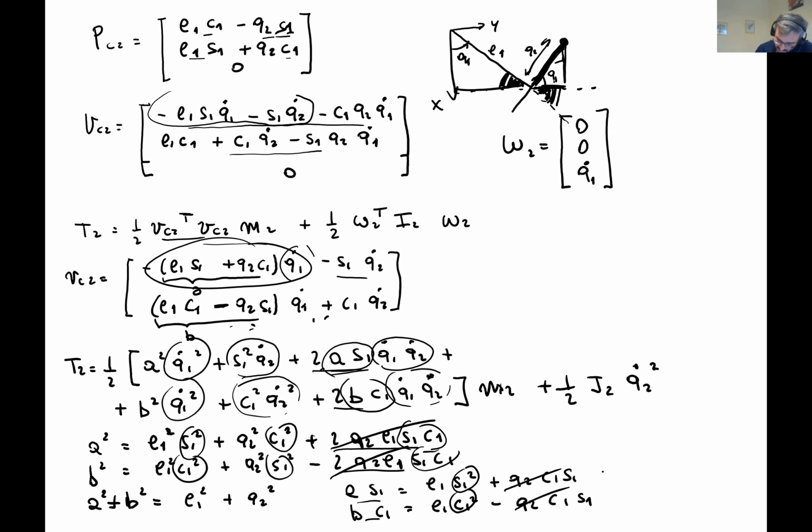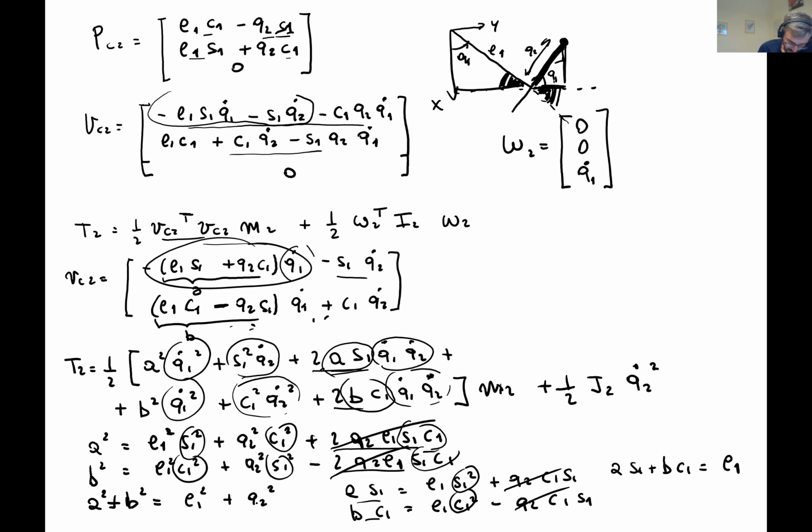So in essence, A S1 plus B C1 is L1. We can collect this and simplify the equations for T2 a lot.